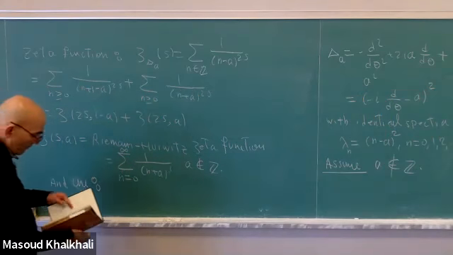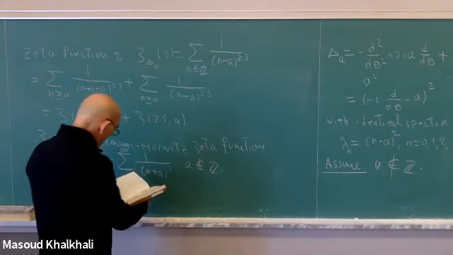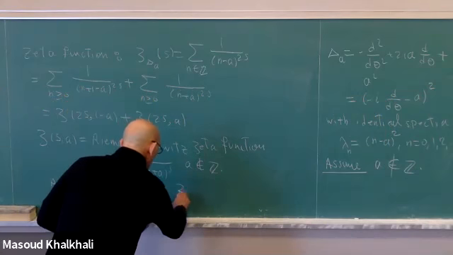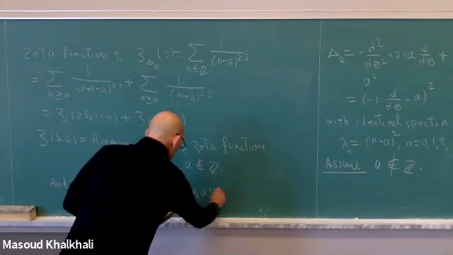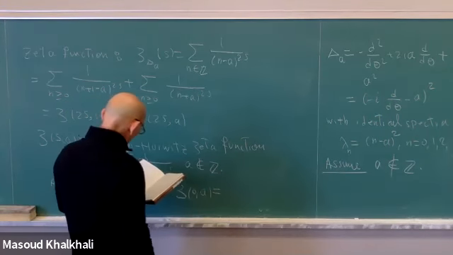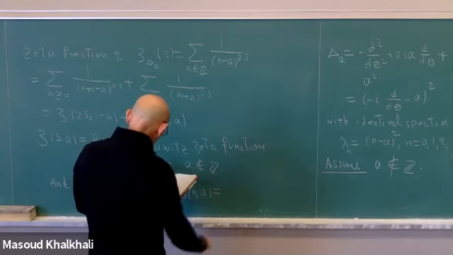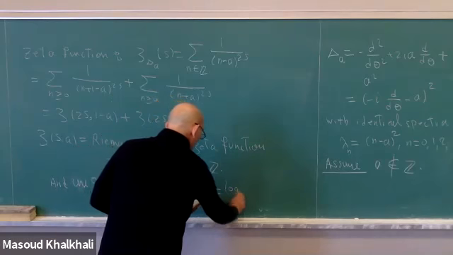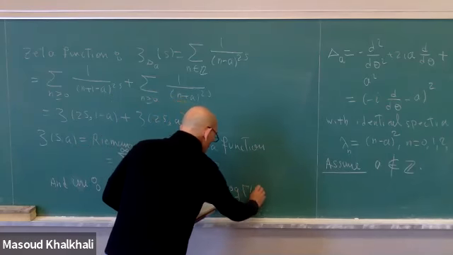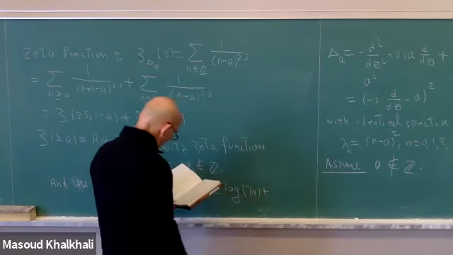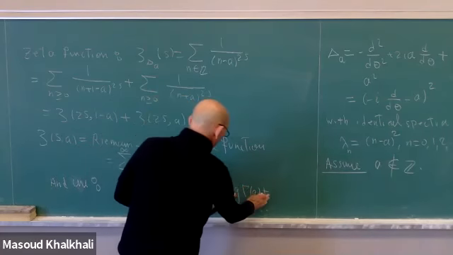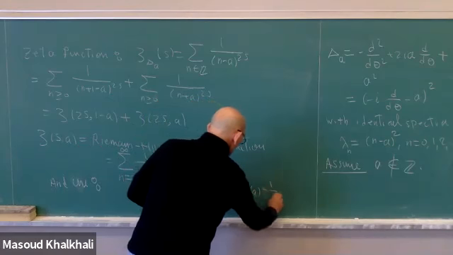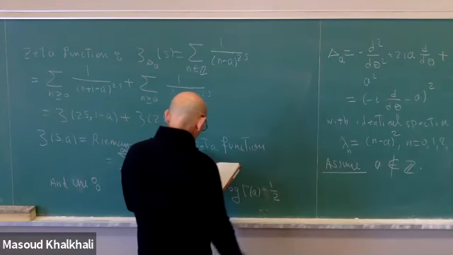Use the following formula: zeta prime of Riemann-Hurwitz at 0 is given by log of gamma of a, this is the gamma function, minus 1/2 log of 2 pi.